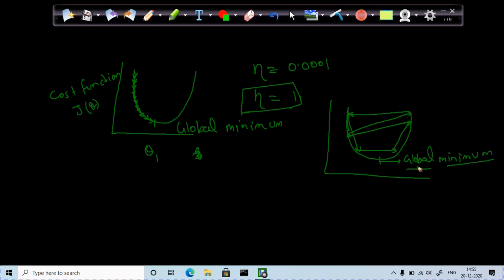So learning rate eta is like a knob. You have to try different values in order to get the optimal value and optimal result.